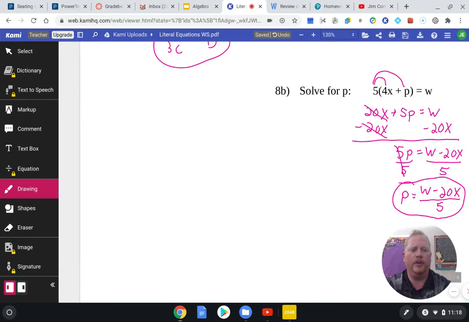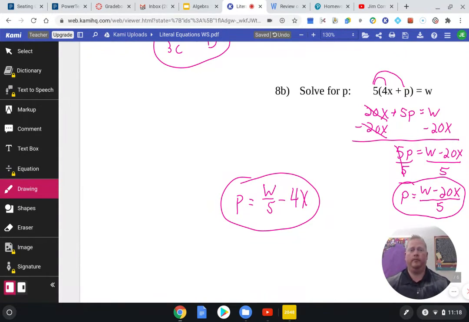Now you might say, well, can't the 20 and the 5 reduce? You could, and if you wanted to write it as p equals w over 5 minus 4x, that would work too. I would count that as an answer. But I'm also fine if you just leave it as one big fraction. Your choice.